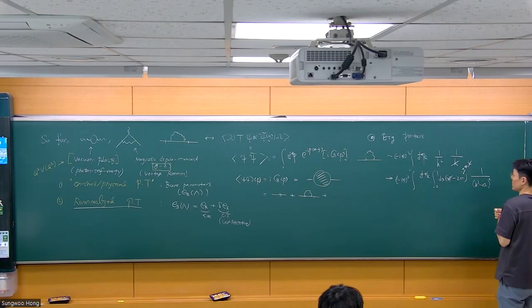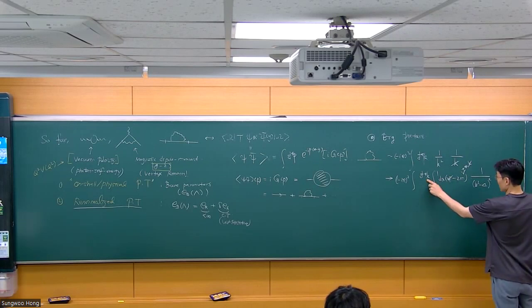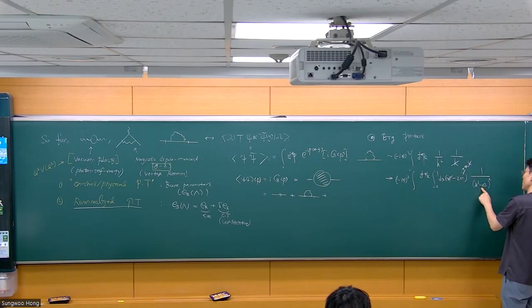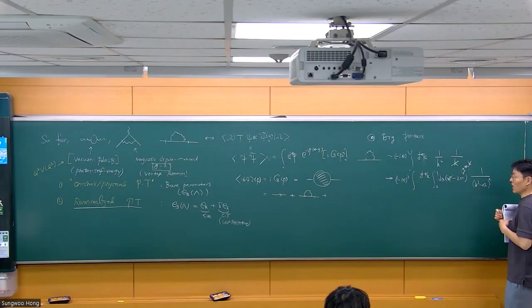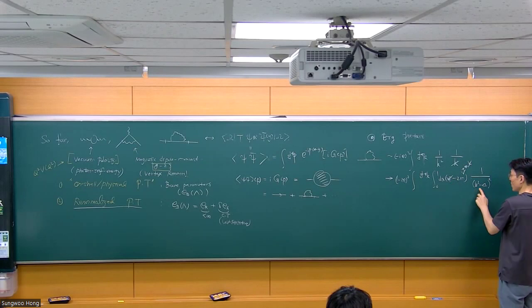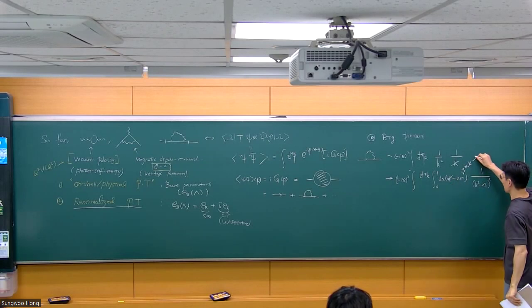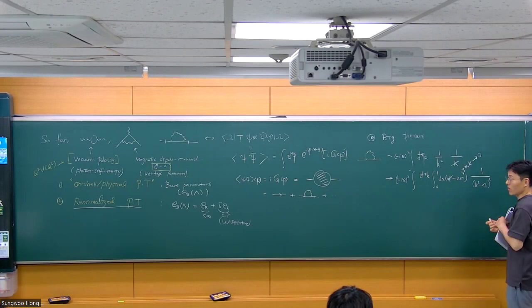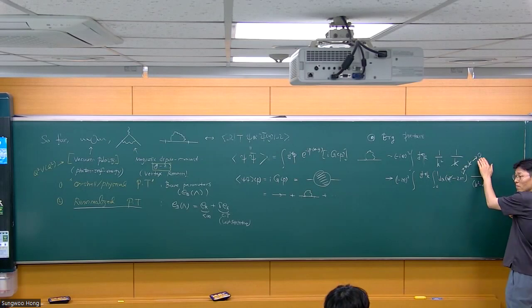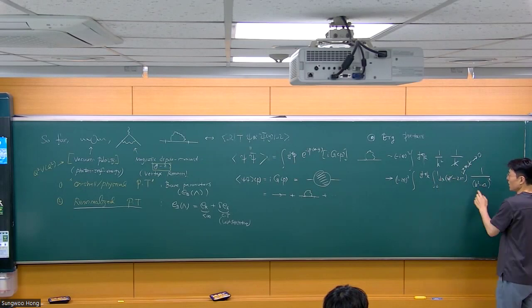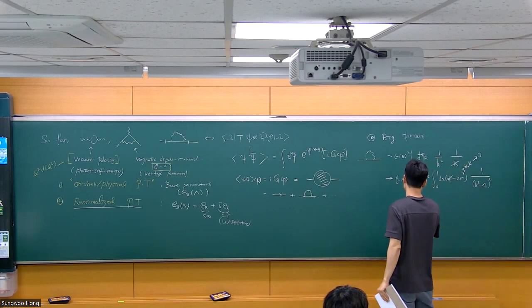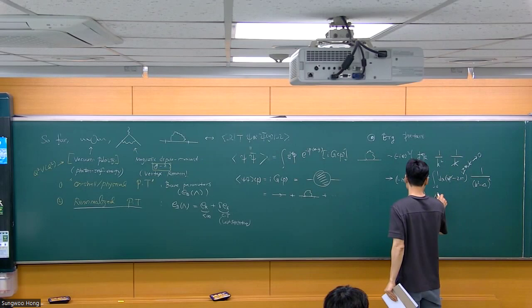Then you might say this is actually linearly divergent. But as we talked about, this entire integral is a function only of K squared. The linear piece should not make any contribution, so the linear piece does not appear. The remaining piece, as you now see, should be logarithmically divergent.